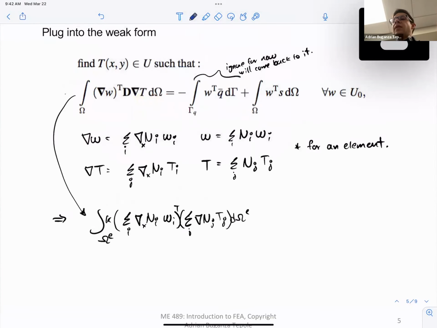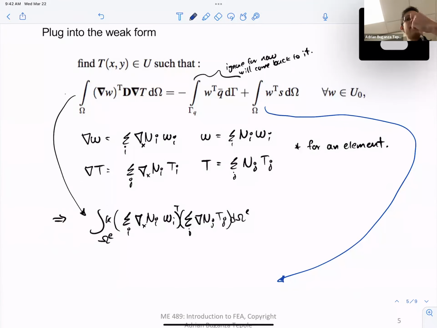And then the other integral that we need to worry about is this integral right here. That integral, when I plug in the discretization, is going to be an integral over the domain of the sum of, this doesn't have to be a transpose because it's just a scalar.